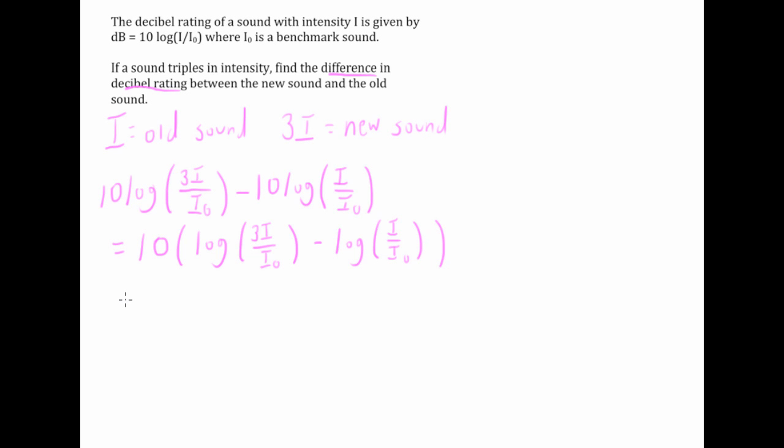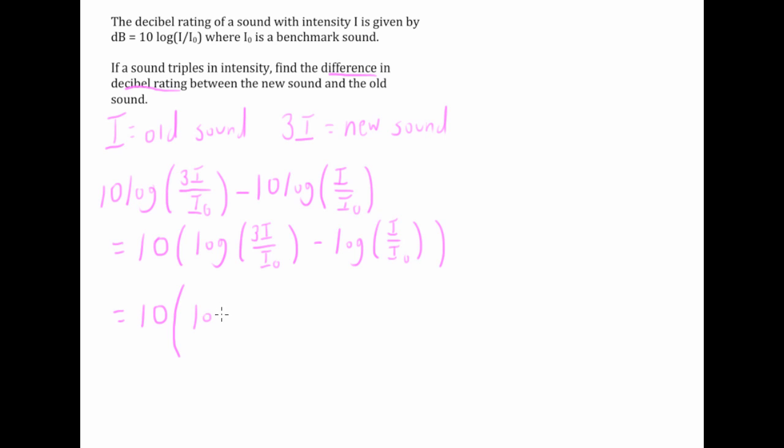Alright, I'm going to show you two ways to handle this problem. The first way is the quick way, but it involves a lot of compound fractions, so you may not like it. So let's see how it goes. I've got my 10 on the outside, and I remember that subtraction between two logarithms turns into division inside the logarithm.